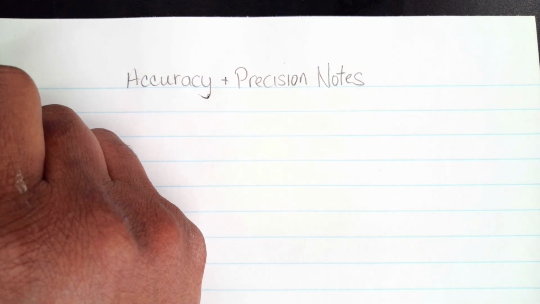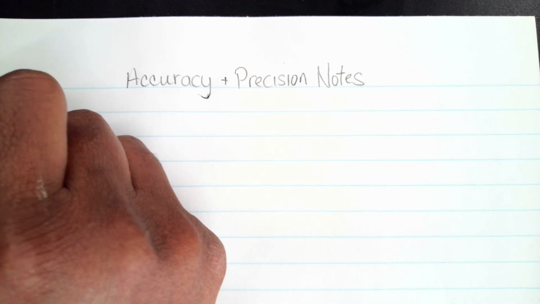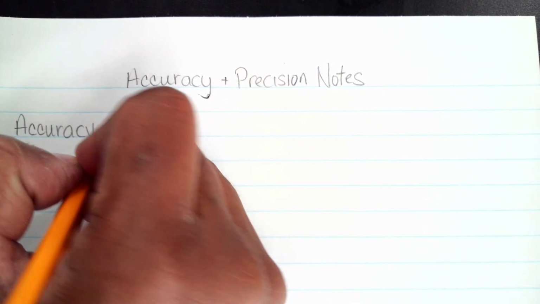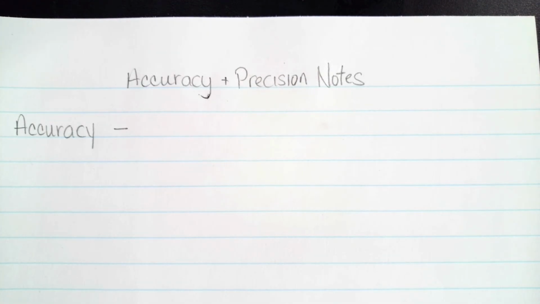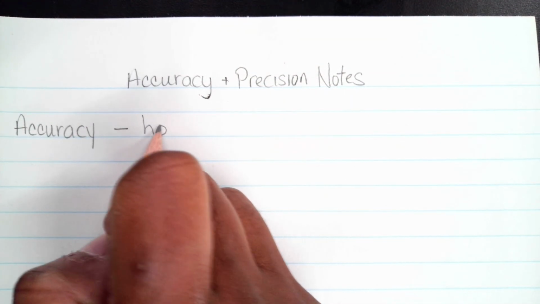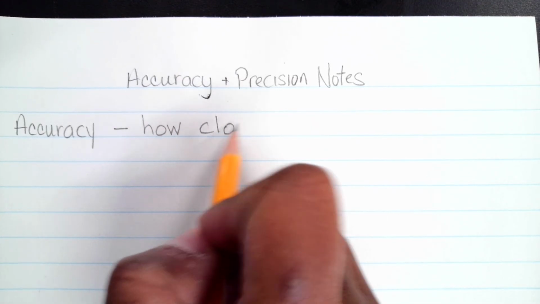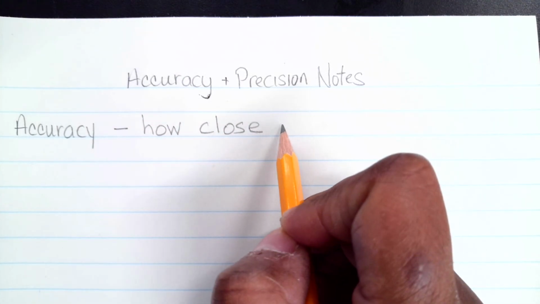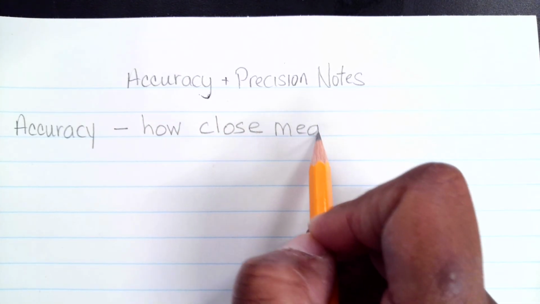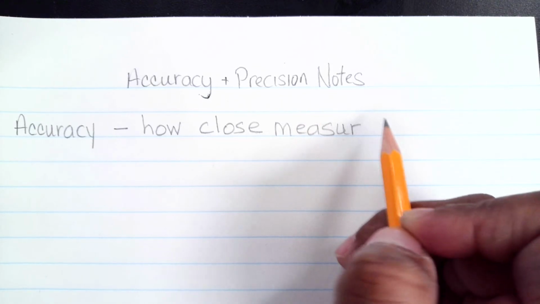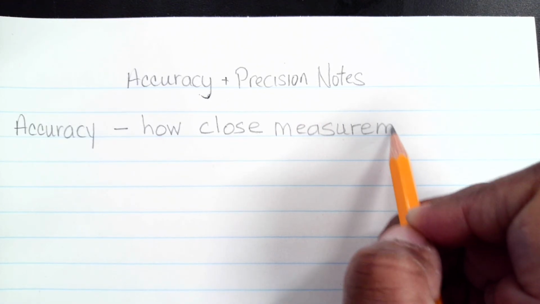So let's start with accuracy. Accuracy is how close measurements are to the true value. How close measurements are to the true value.